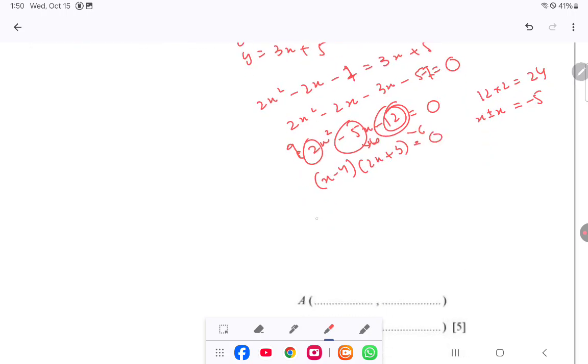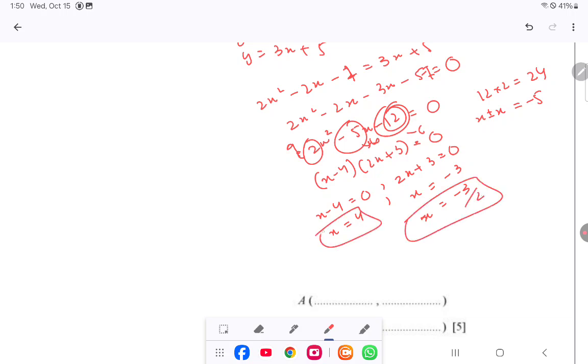Now x minus 4 is equal to 0 and 2x plus 3 is equal to 0. Add 4 to both sides. Subtract 3 from both sides and then divide both sides by 2. So these are the two x values.